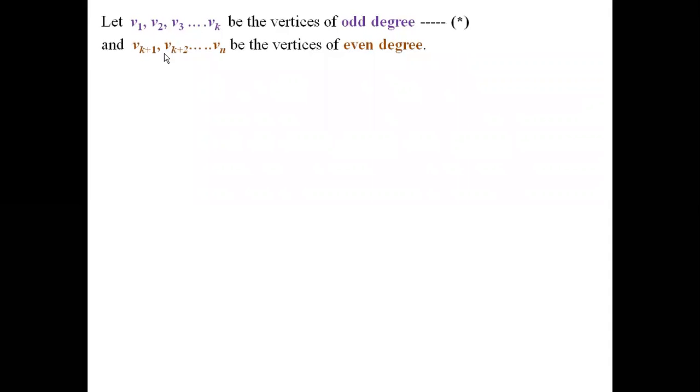Now let us assume v1 to vk be the vertices of odd degree. That is what we assumed in the previous step, that k vertices are odd and the remaining n minus k vertices are even. So v1, v2, v3, etc., up to vk are the vertices of odd degree, and vk plus 1, vk plus 2, etc., up to vn, the remaining n minus k vertices, are of even degree.